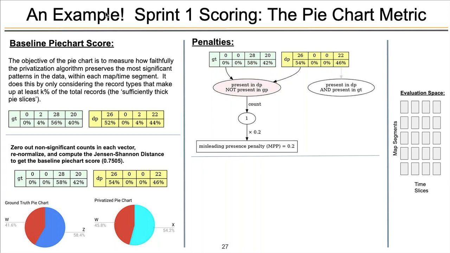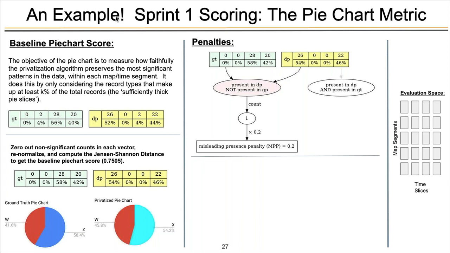This is something we want to penalize in differentially private algorithms that have this problem. So our first additional penalty on top of the Jensen-Shannon distance is, again, thinking very clearly about the real-world utility of these pie charts and what can cause problems for actual use cases.